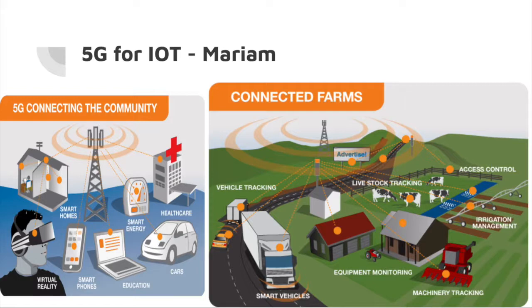But to be specific, here is an example of a connected farm, which shows how all machines are connected together, such as smart vehicles, and how it tracks the car on the road, the machinery, and the irrigation management system. Overall, 5G will increase the number of machines that are connected together, and IoT will enhance these connections.